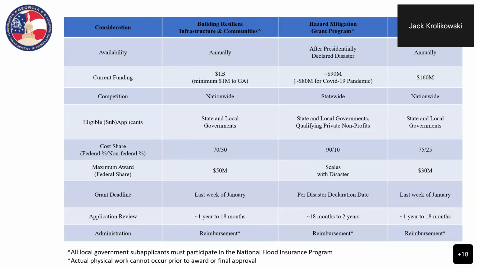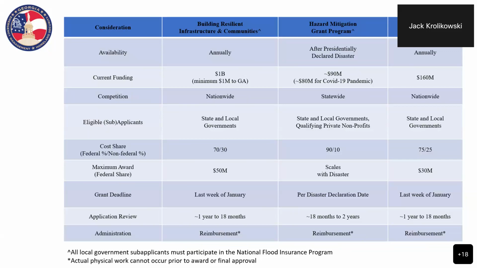Let me start with the carrot that you can see there, flagging all 3 grant programs at the bottom. All local government applicants, which we refer to as sub-applicants from a grants management perspective, since the state GMA in this case is the applicant, and the sub-applicant would be another state agency or a qualifying nonprofit, only under the Hazard Mitigation Grant Program, as you can see in the 4th row.